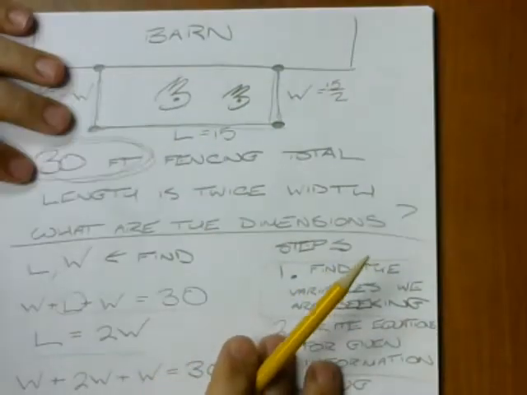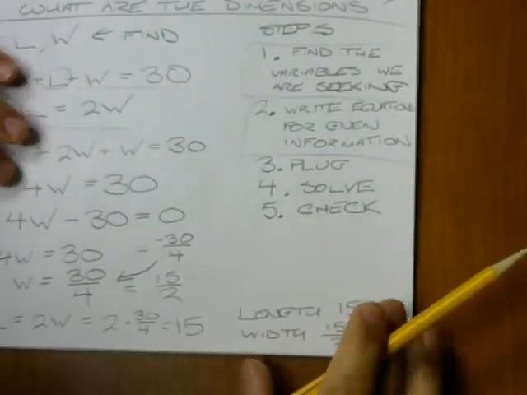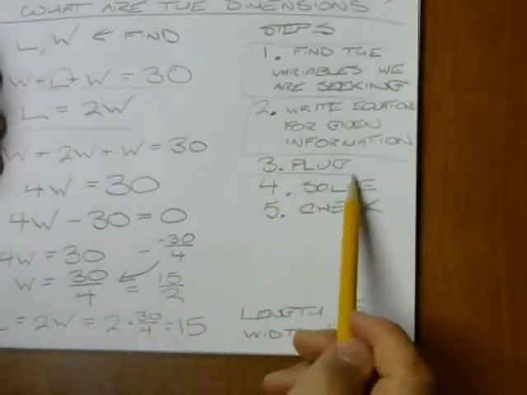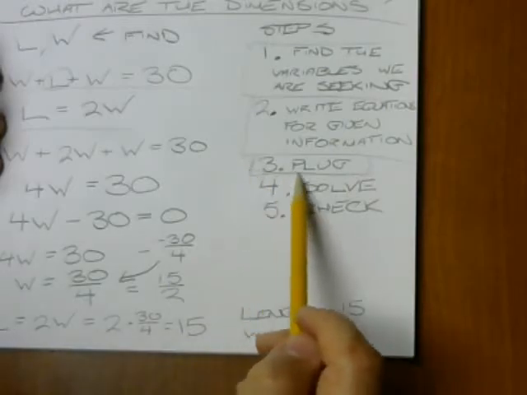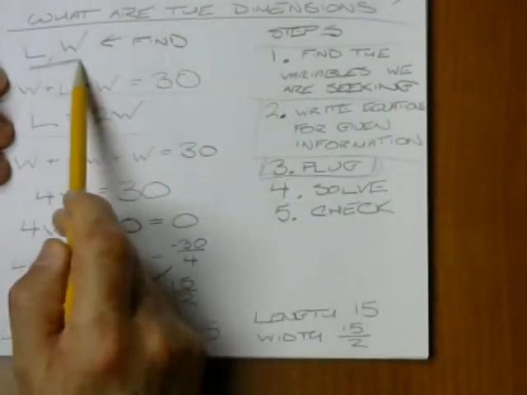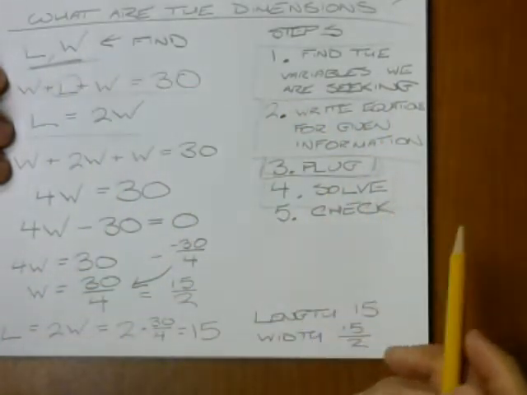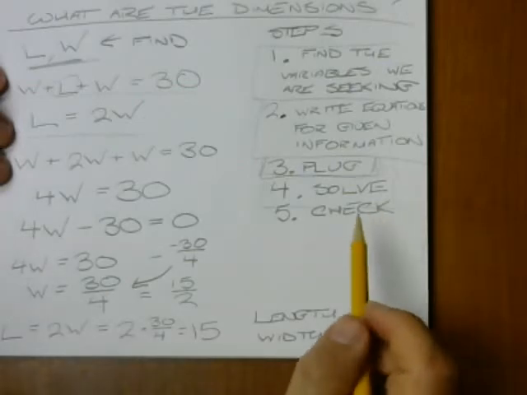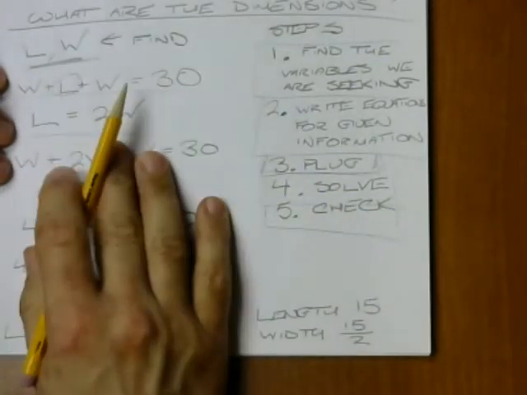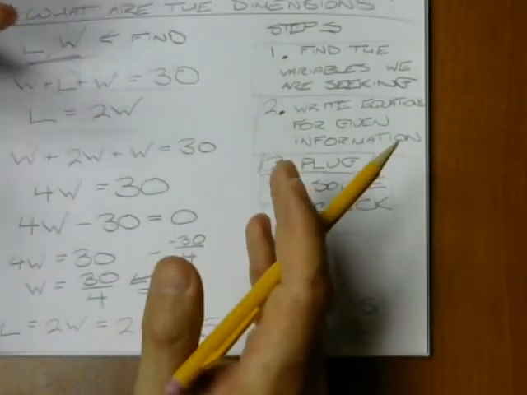They're probably working with you when they give you these kinds of problems. So we write down the equations, and then usually we're going to have some step where we have to plug. We plug with the aims of solving for the things that we're looking for. We're going to have to solve some sort of equation. Here it was a linear equation. It won't always be linear as we move forward. And then we checked our work. So that's a little procedure that might help us when we encounter problems like this.